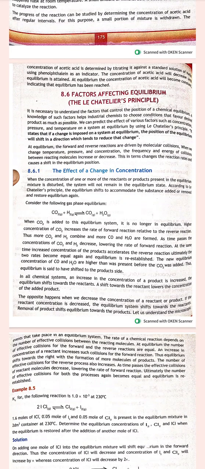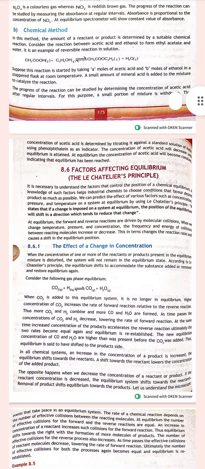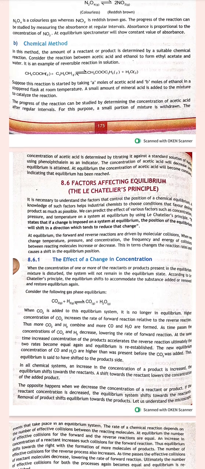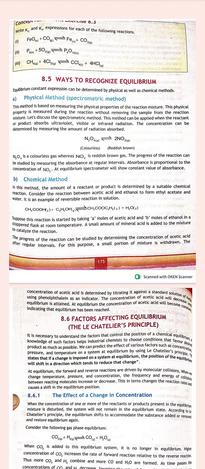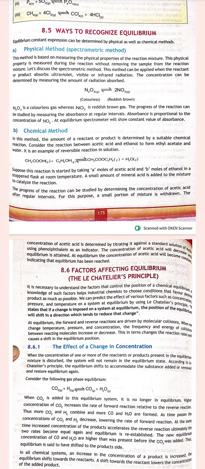So the concentration of acetic acid will decrease because it's reacting and converting into the products. So at the equilibrium, the concentration becomes constant. So this is how we use the chemical method to recognize the equilibrium.